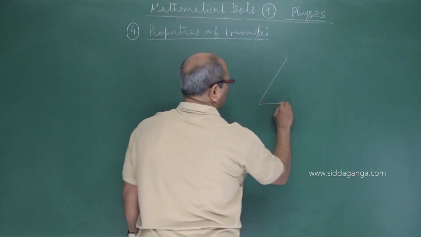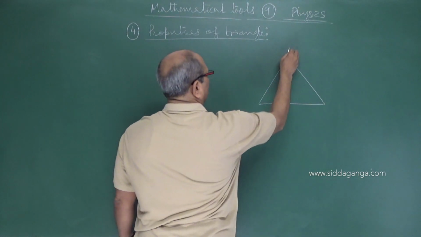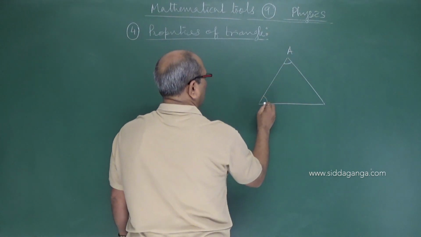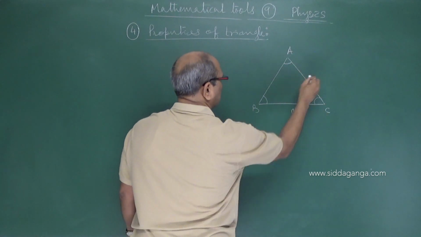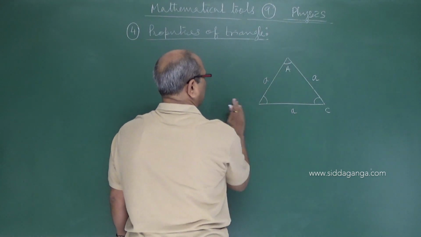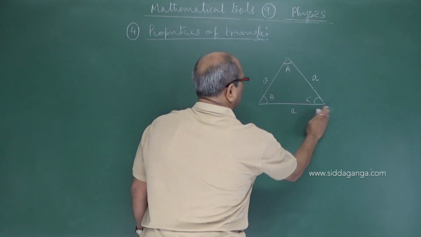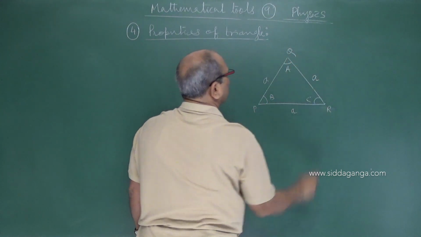Let us consider a triangle. Angle A, angle B, angle C. The sides have lengths a, b, c, or the points may be written as P, Q, R.